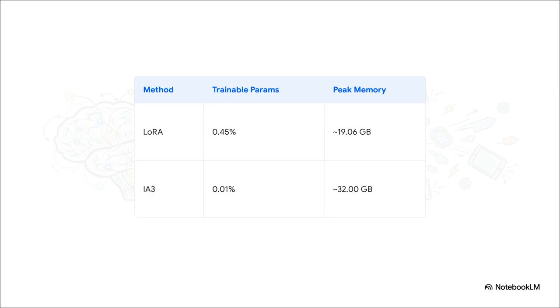Okay, fine. But look at IA3 right below it. It has a tiny fraction of LoRA's trainable parameters, literally 0.01%, yet it demands roughly 32 gigabytes. That is wild. A method with virtually zero trainable parameters demands way more memory than one with over 40 times the parameter count. So, parameter count? Yeah, it's a terrible proxy for understanding your actual memory footprint.